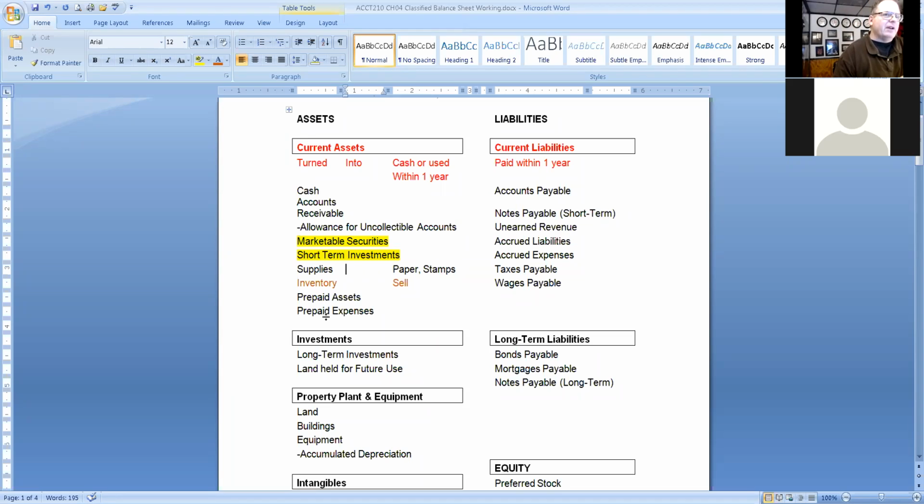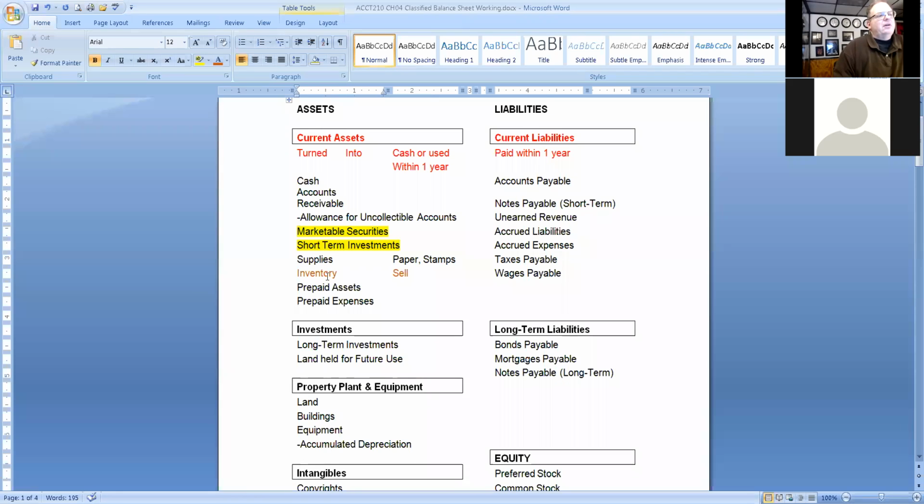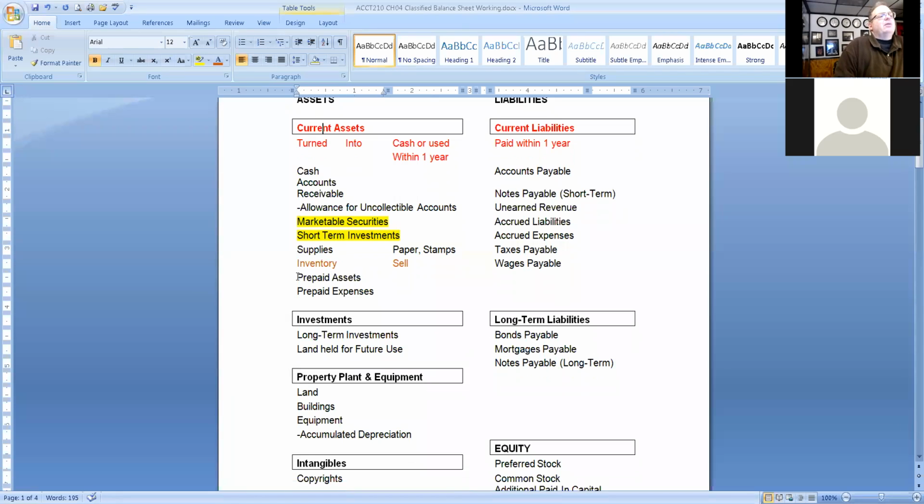If you look at the financial statements of any retailer, look at Walmart, their inventory is massive compared to the rest of the stuff on the current assets. Prepaid assets, sometimes called prepaid expenses. Those are also current.